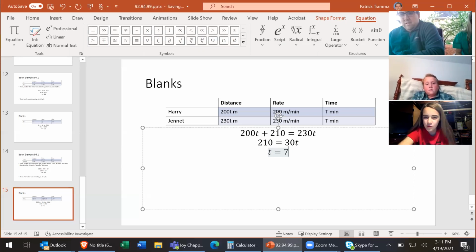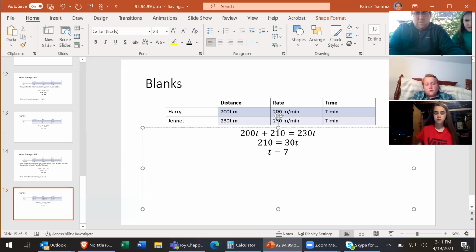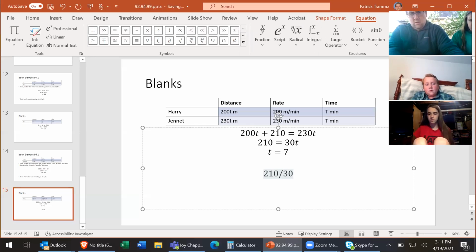Wait, how did you get 21 divided by 3? Well, because it's 210 divided by 30. Think of it as a fraction: 210 over 30 is the same as 21 over 30 times 10 over 10.